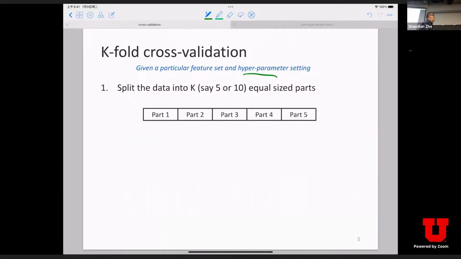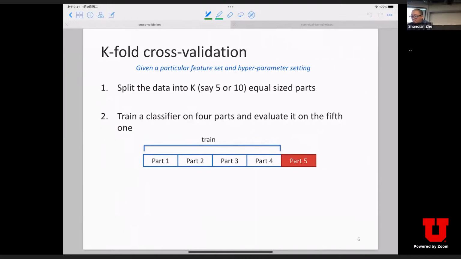We're going to use the so-called k-fold cross-validation. We split the data in our hand into k equal-sized parts. Say we just take k equals 5. So I have 5 parts of data. To evaluate C, what do we do?